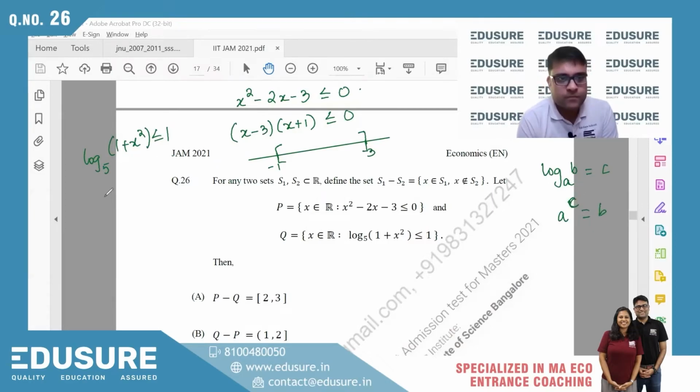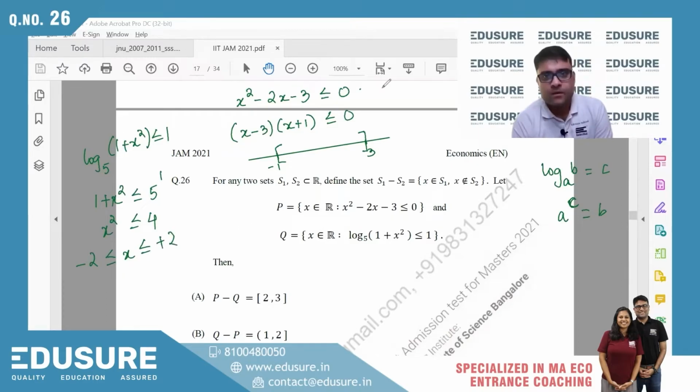Okay, so 1 plus x square less than equal to 5 to the power 1. ठीक है, so x square is less than equal to 4 or x has to lie between -2 to +2. So in the same diagram, -2 to +2.